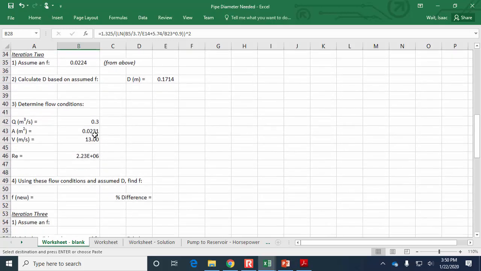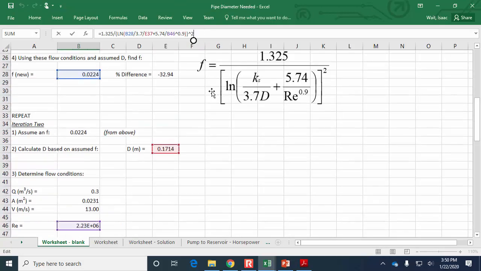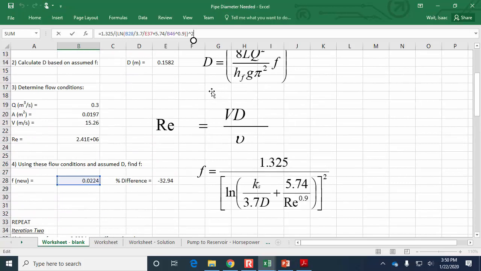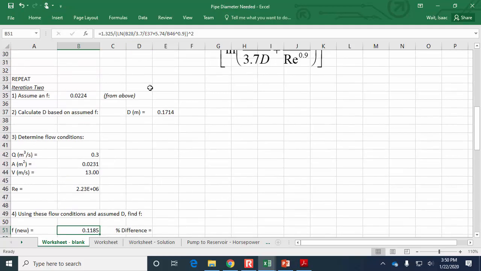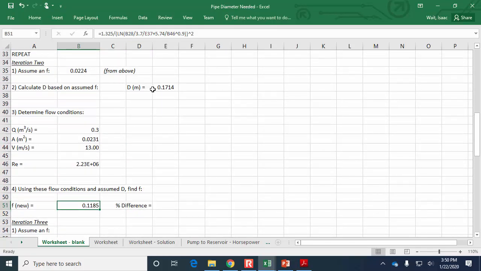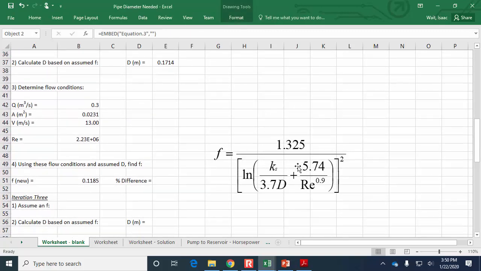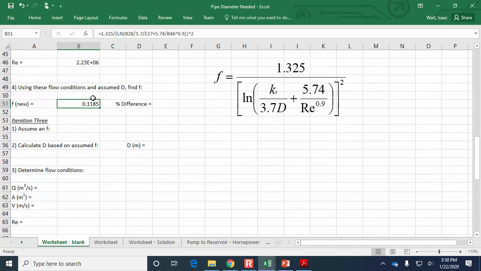Control C, Control V. Nope, something went wrong there. There was a reference that wasn't anchored. Yeah, I bet it was this one. Let me move this down. Sometimes copying and pasting works great.